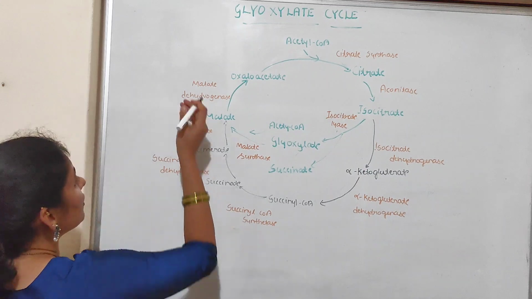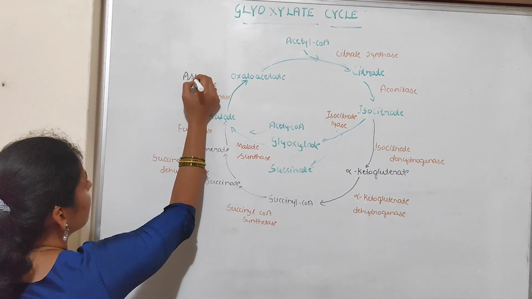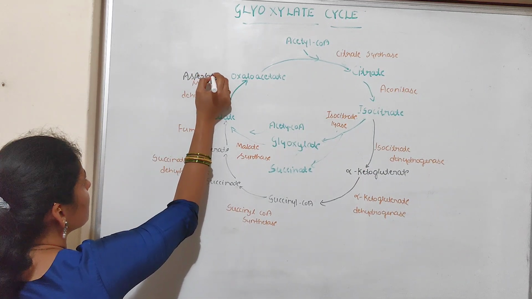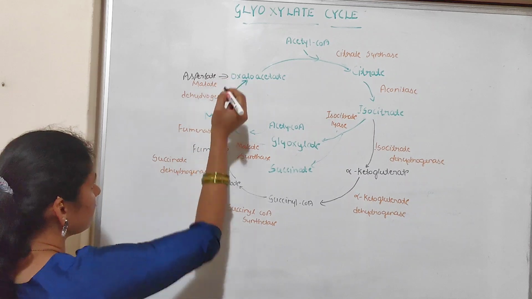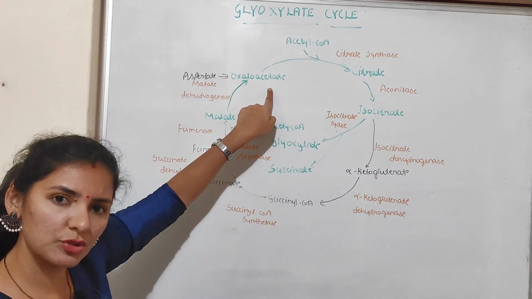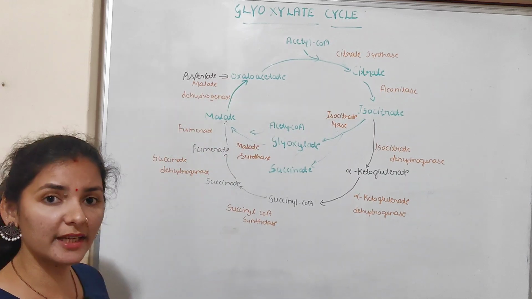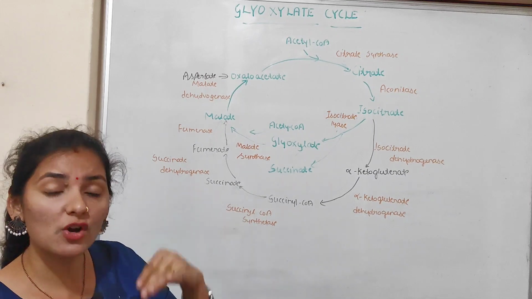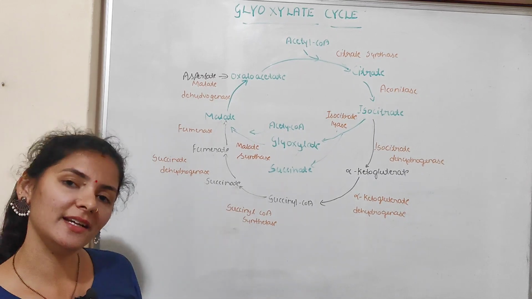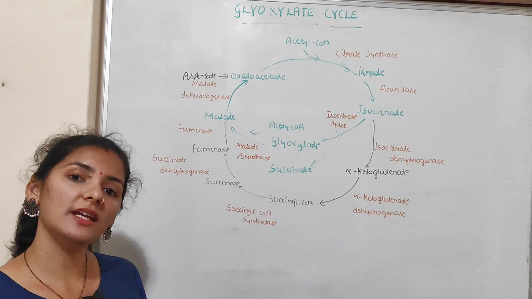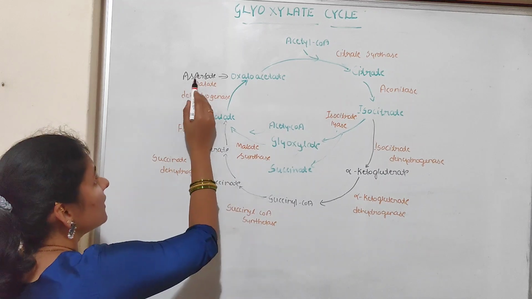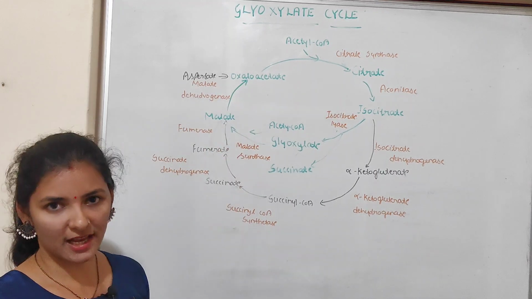That's why it is converted into aspartate. So first, the oxaloacetate in mitochondria is converted into aspartate, and this aspartate crosses the mitochondrial membrane and enters the glyoxysome.